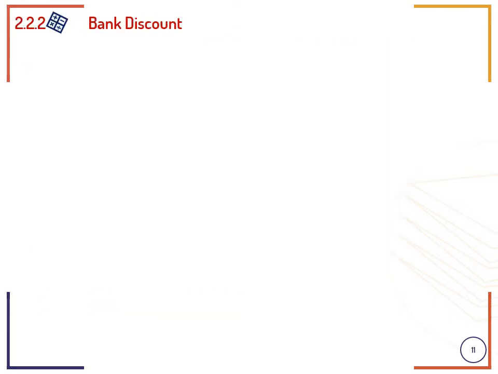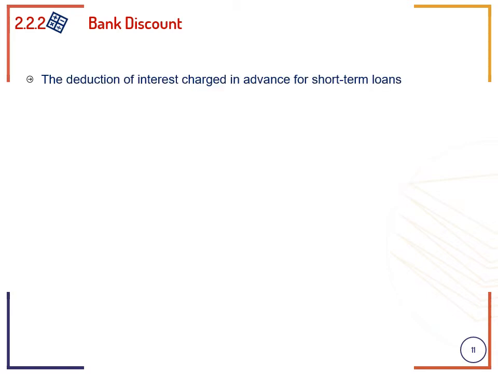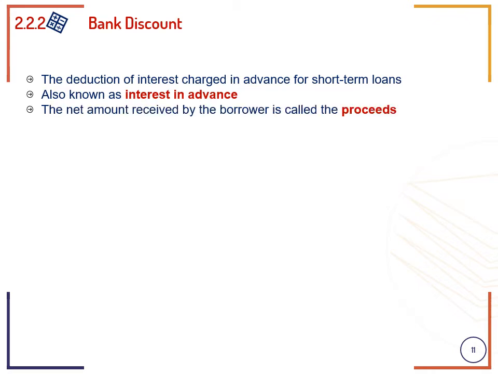Let's move to the next topic, bank discount. It is common for lenders such as banks and financial institutions to deduct the interest charge in advance for short-term loans. This charge is called bank discount or interest in advance. The net amount received by the borrower is called the proceeds. The maturity value is the value of the money actually borrowed.